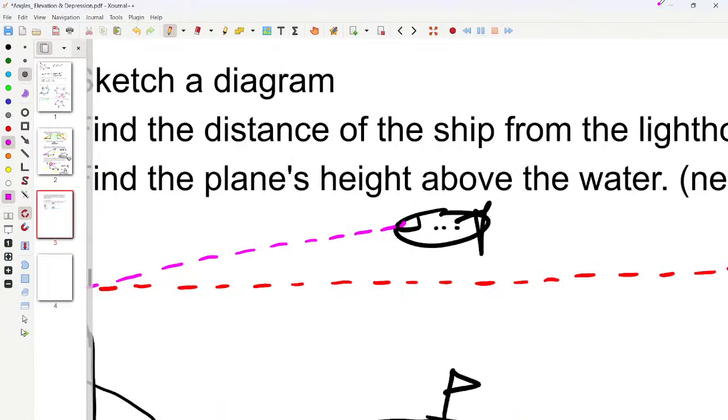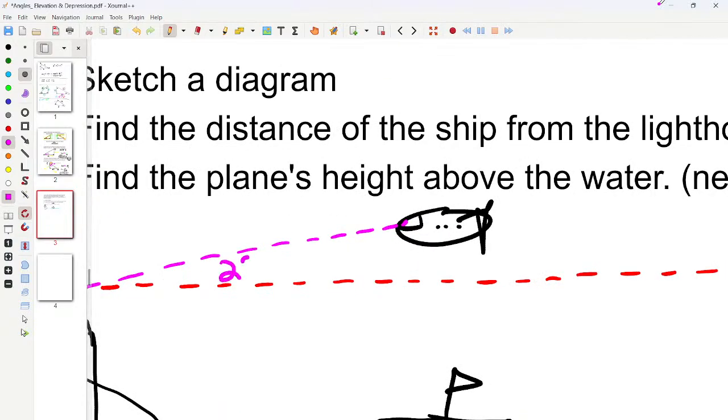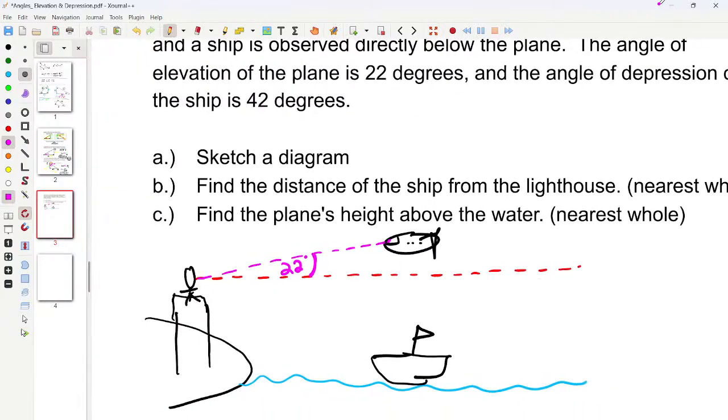So this aspect of it right here, 22 degrees. And when I look down to the boat, this right here is 42 degrees.